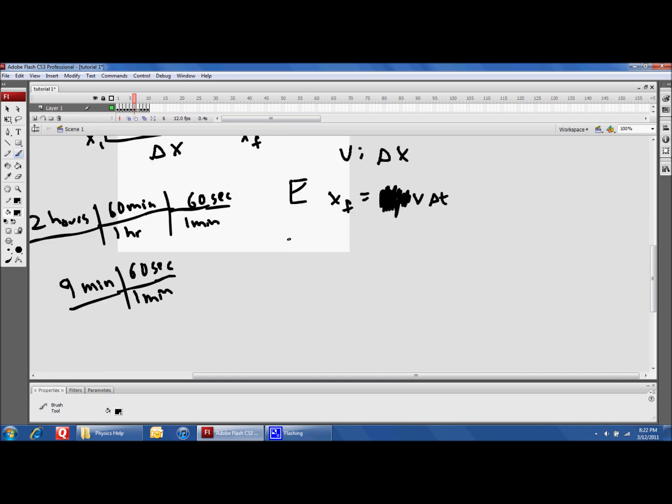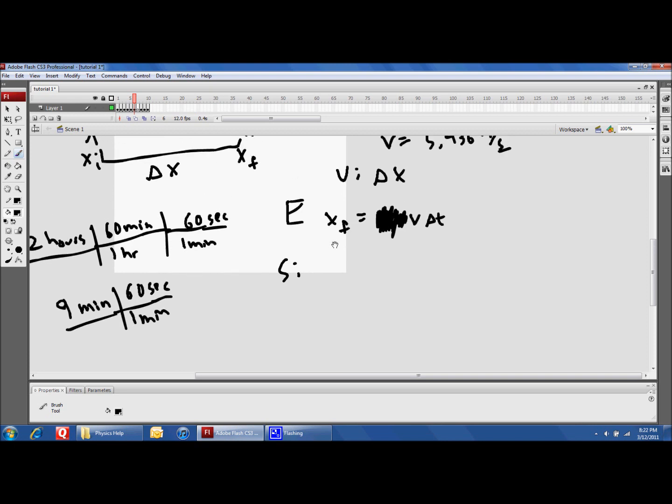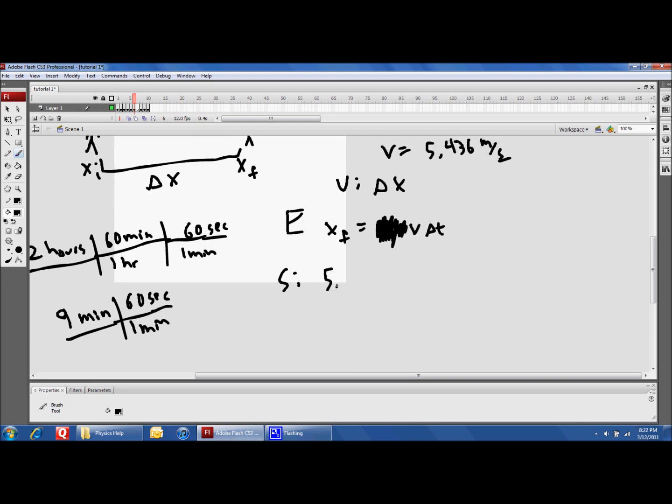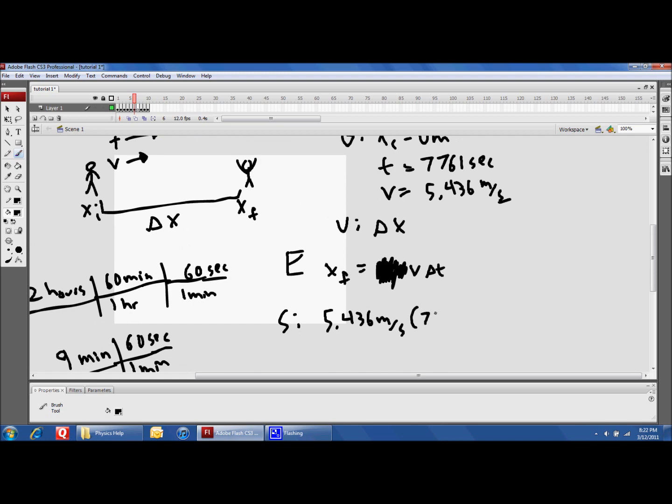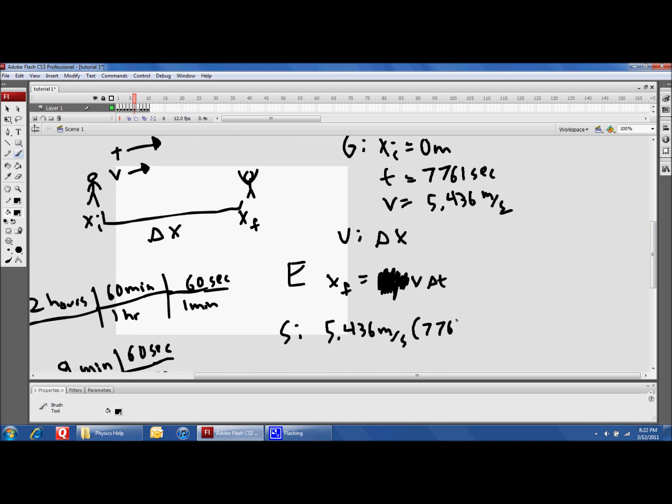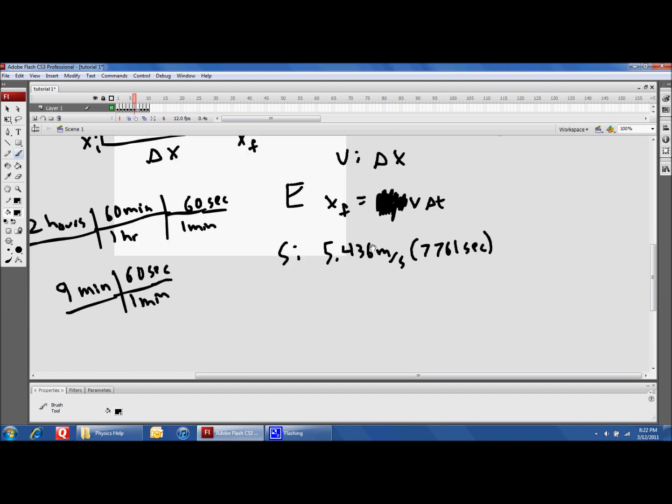And so for our substitution, because we're trying to find the x, we don't really need to change the problem at all. So his velocity is 5.436 meters per second times 7,761 seconds.